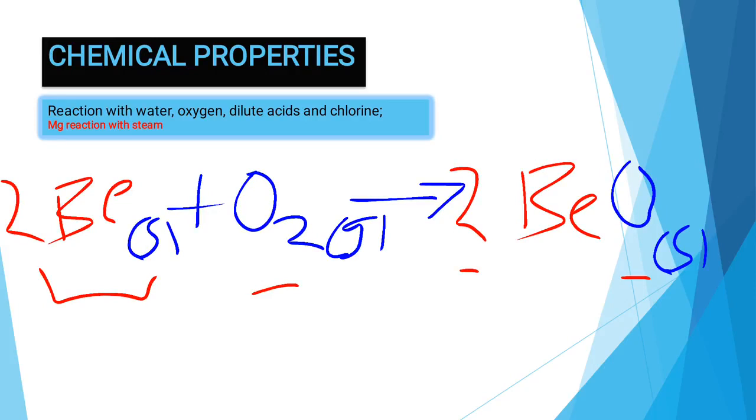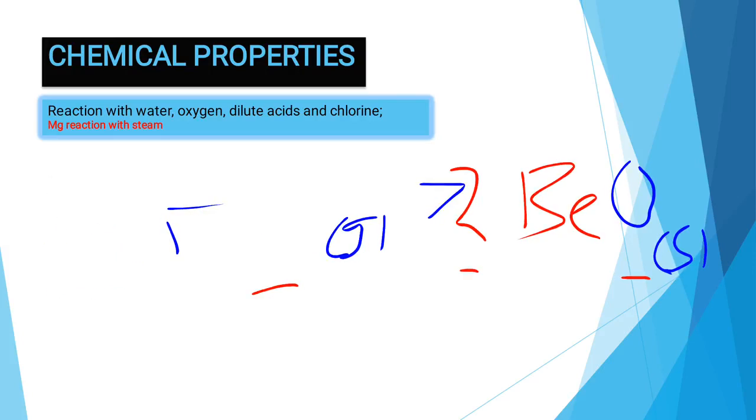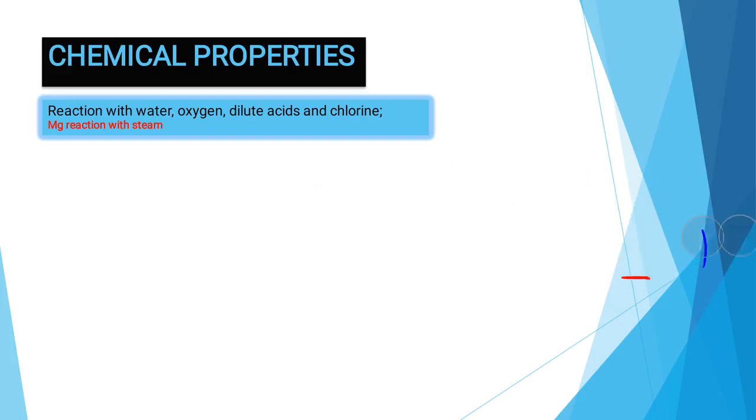The next thing that we look at is reaction with dilute acids. We have 2 types of acids, the organic acids and the inorganic acids. The organic acids are like malic acid, ethanoic acid, and so on.